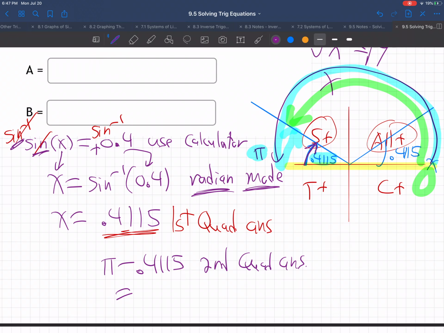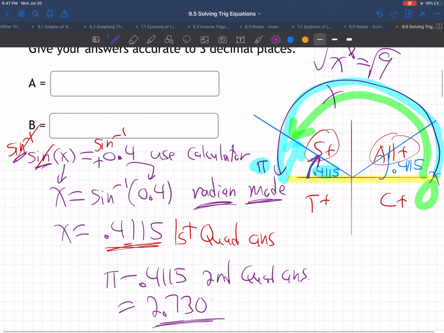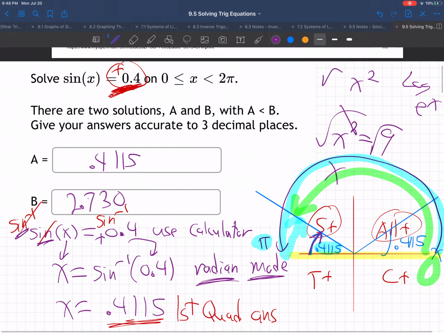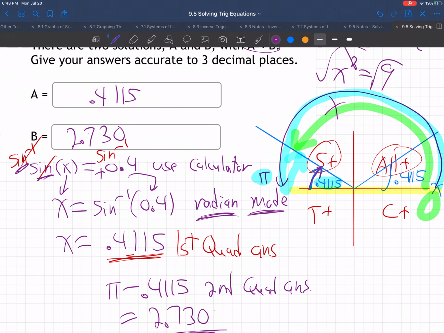I'm doing it. I'm getting 2.730. That's the second quadrant answer. So they want the first and the second answer. This would be 0.4115, 2.730. They want, yeah, the A is the lower one. So those are the two answers.